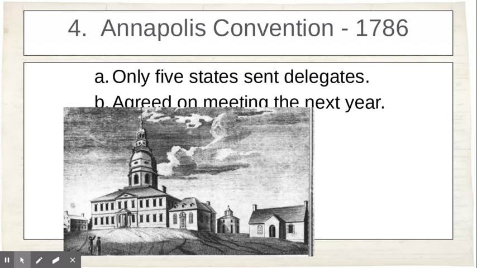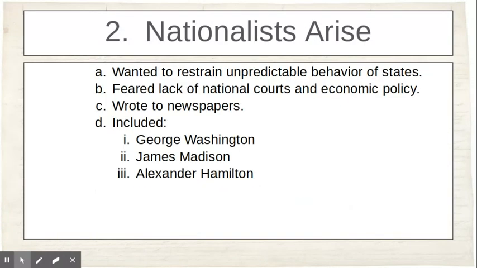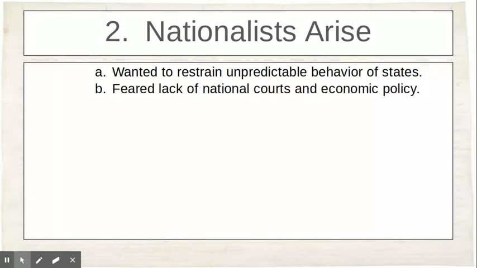Now, the Annapolis Convention in 1786 is where the nationalists would come together. The nationalists. These are people that want to create an American nation. They don't want 13 separate states. They want an America. They didn't like the fact that there seemed to be a lack of a national plan.